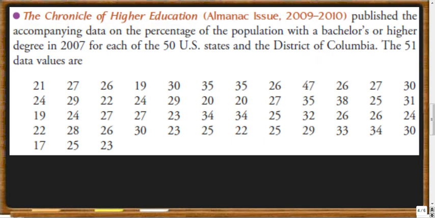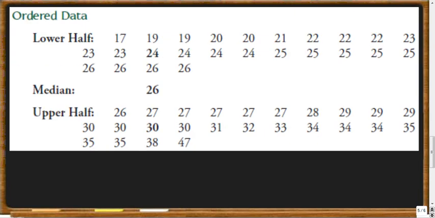If we want to look for our interquartile range, we've got to order it first, from low to high. We have 17 at the bottom and 47 on the top, and in between, we order everything.